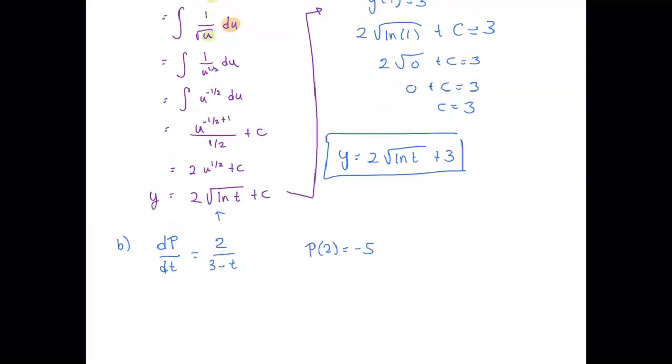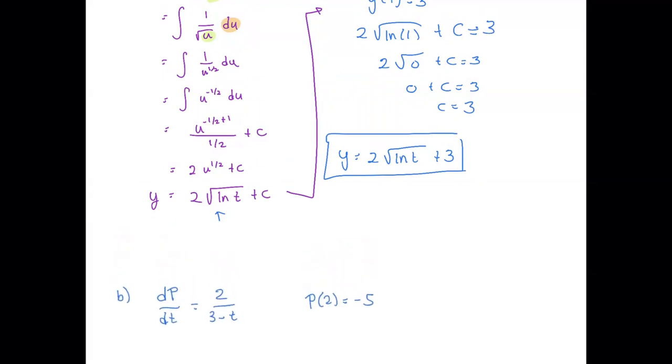Oh, one last thing. Notice about the previous problem. Sorry, I just realized that here, if you think about it, y is equal to 2 times ln of t to the 1/2 plus 3. Notice first of all that when you plug in 1, you do get 3.